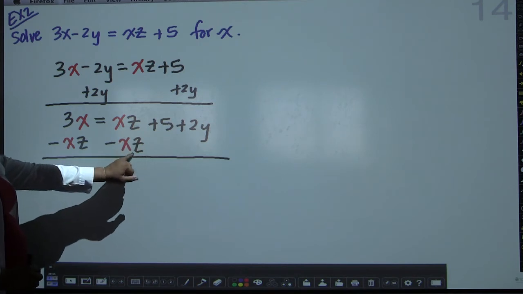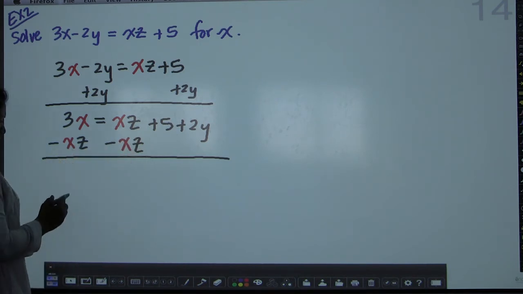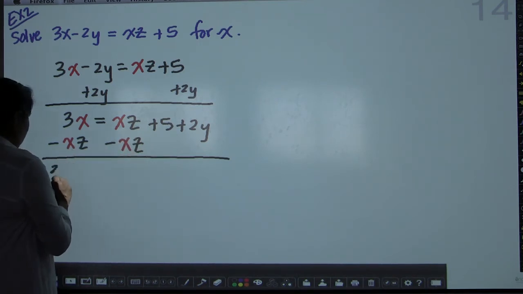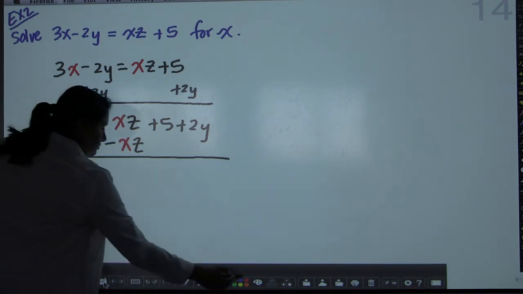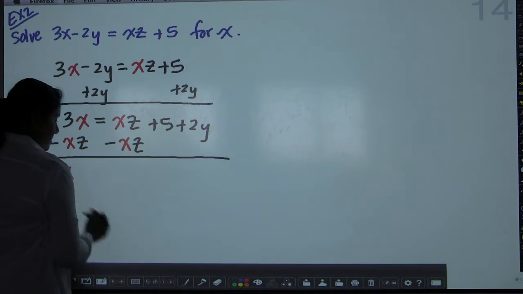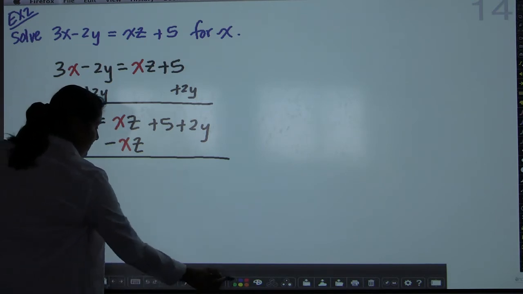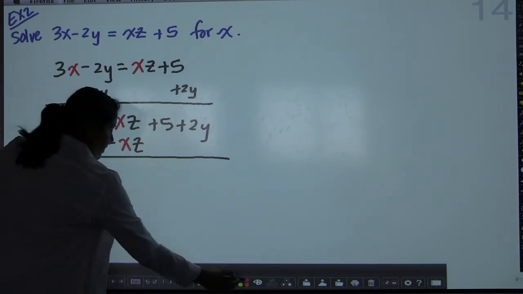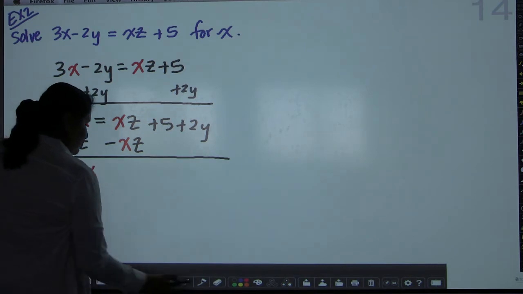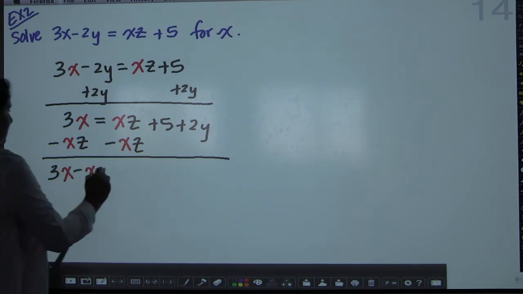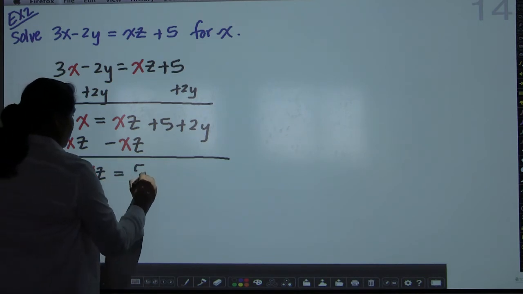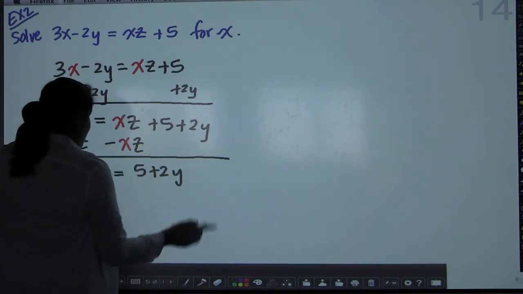So I'm going to subtract xz to both sides. And now what I'm going to have is 3x, and then we're going to go minus xz. Like that, 3x minus xz. And on the right-hand side, we no longer have any x's.